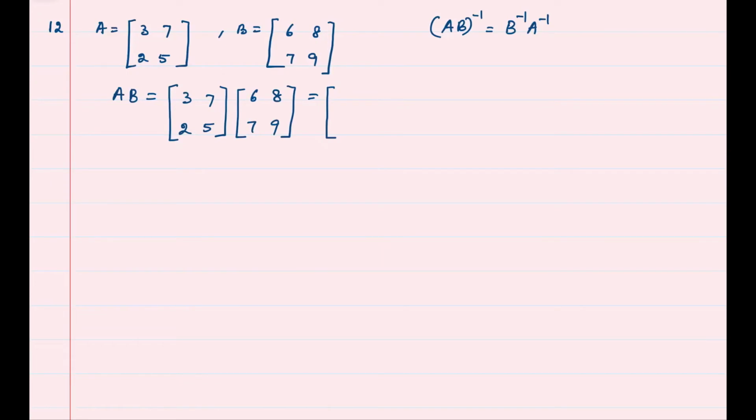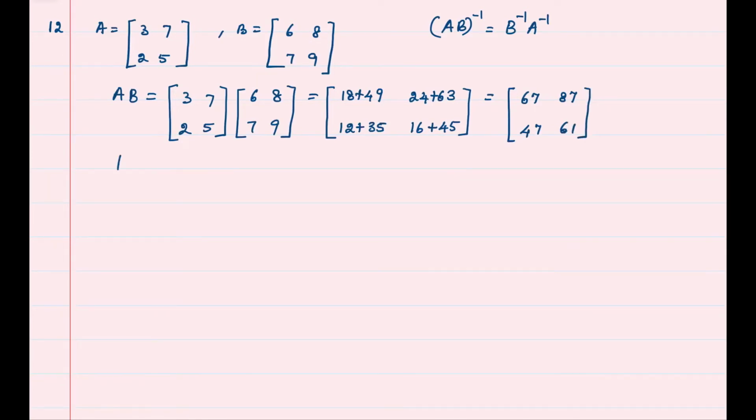First row into first column, 18 plus 49. First row into second column, 24 plus 63. Second row into first column, 12 plus 35. Second row into second column, 16 plus 45. This is 67, 87, 47 and 61.